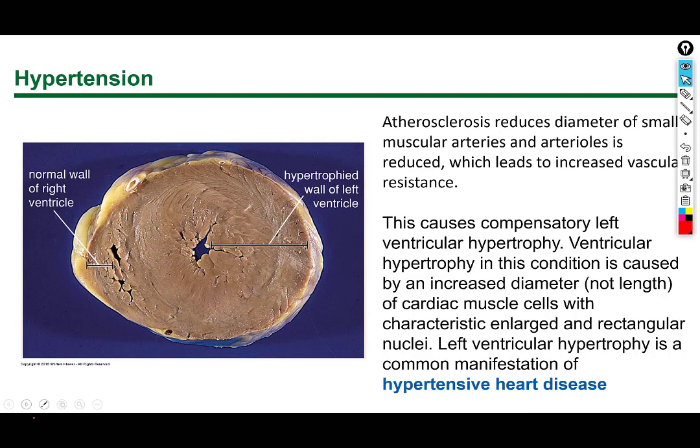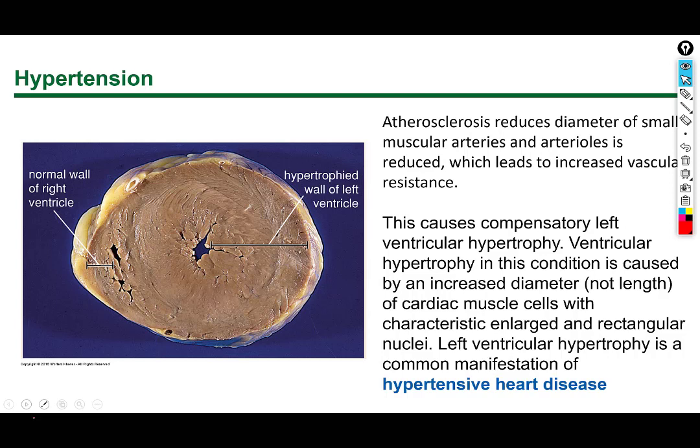All right, so what you're seeing here is a left ventricle with an extremely hypertrophied wall. So this is a specimen from an autopsy of somebody that had a very hypertrophic left ventricle. So here's the relationship between vessel health and the heart. It seems like it would be really beneficial to have a super buff heart, right?